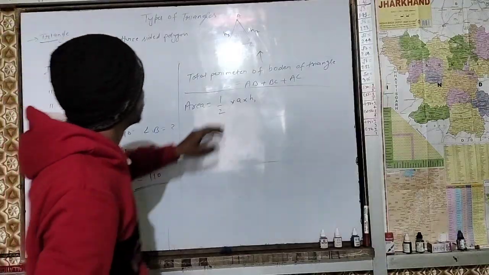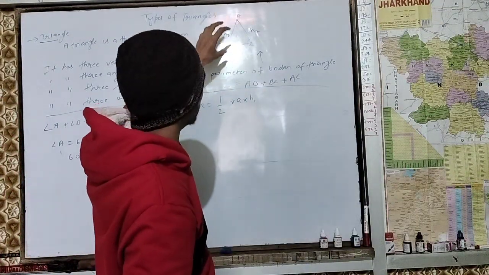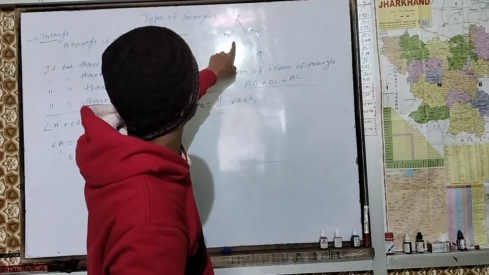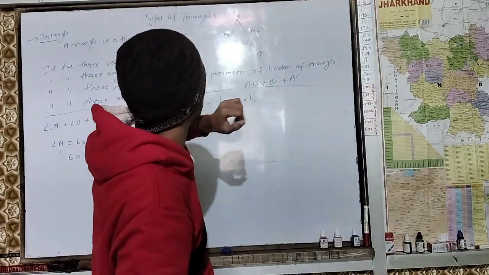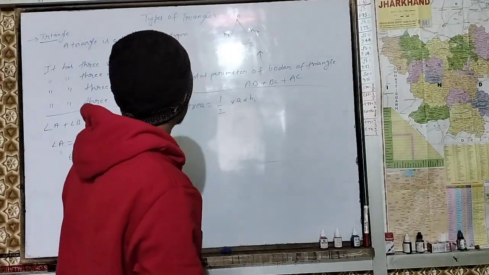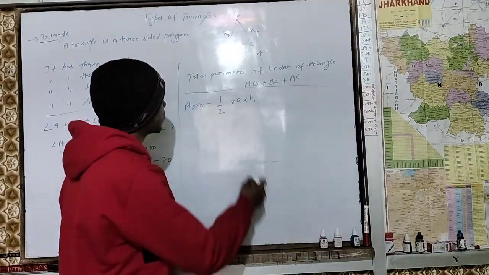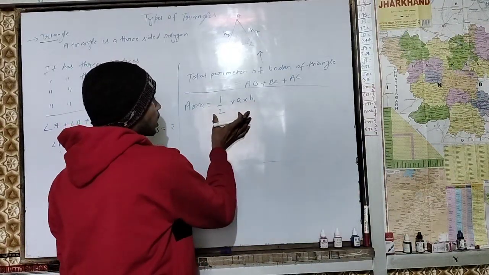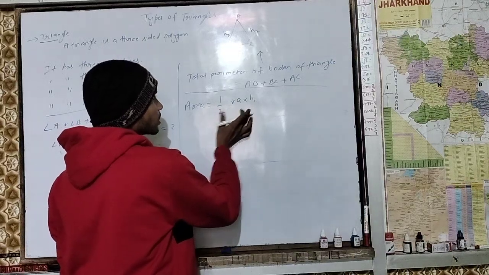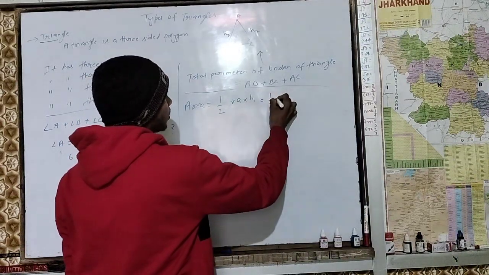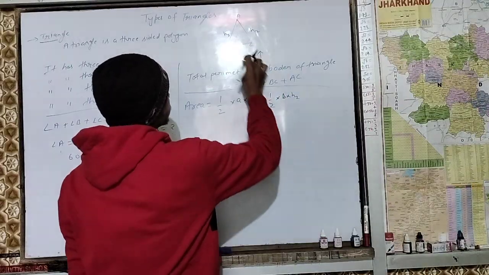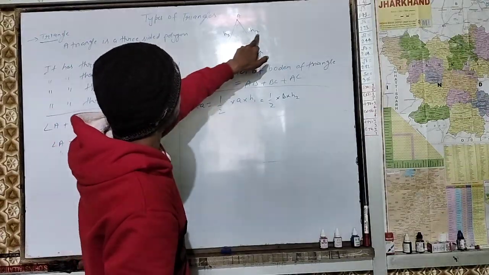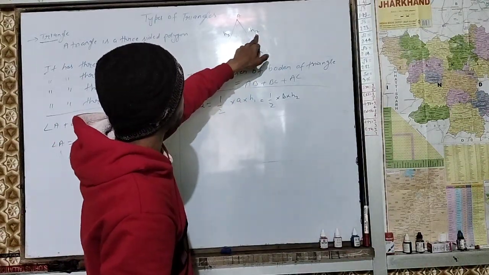Tell me, in this figure, how many triangles are you getting? This one, second and third. Either you can use this formula, or you have 1 by 2 B into H2.